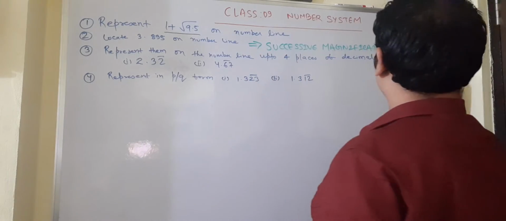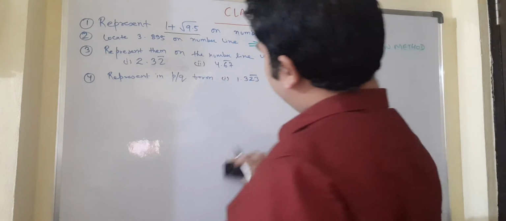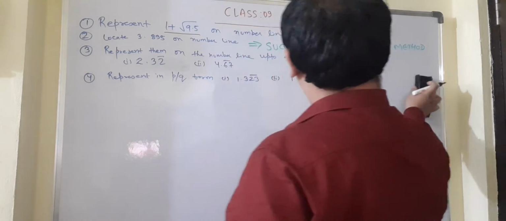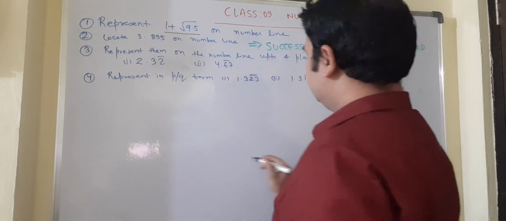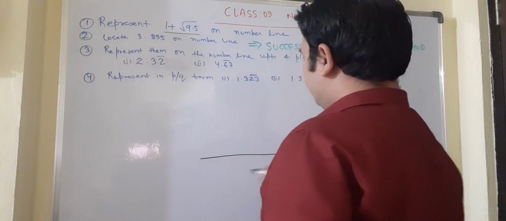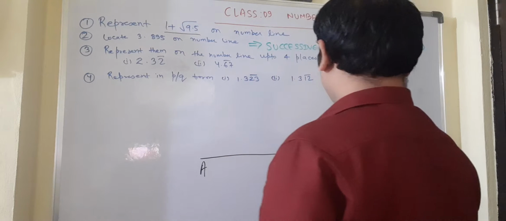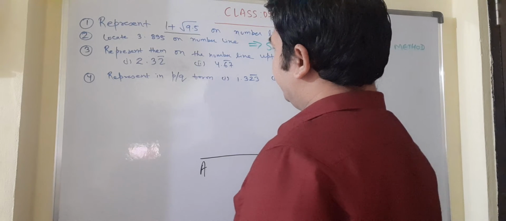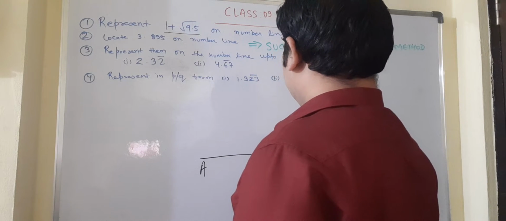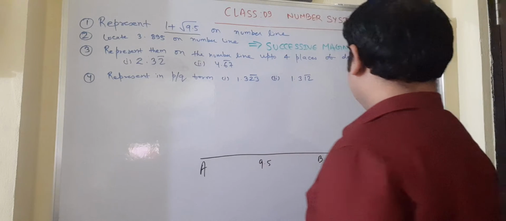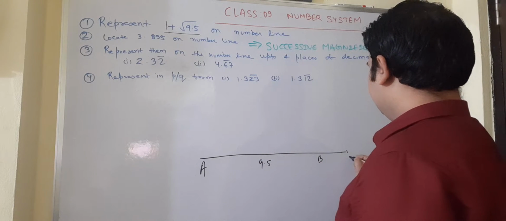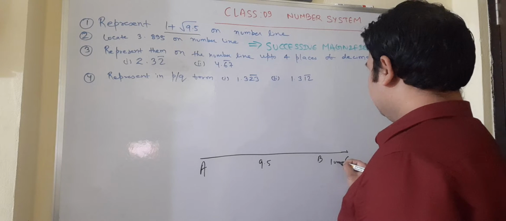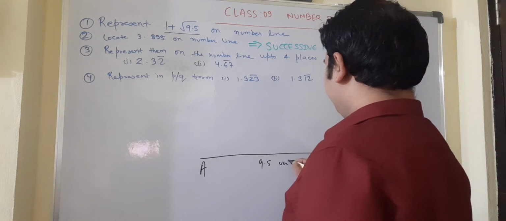I will not go into much detail because I have already taken a detailed class on that in the last video. Take 2 points A and B such that this length is 9.5. This should be 1 unit, this should be 9.5 units.